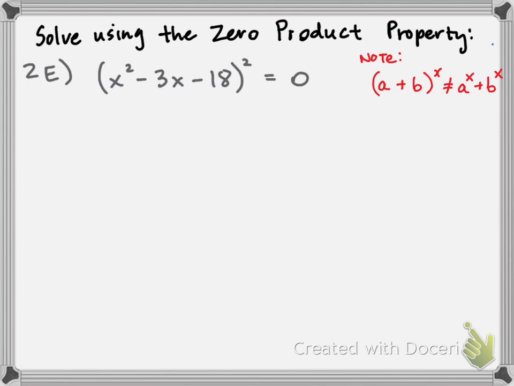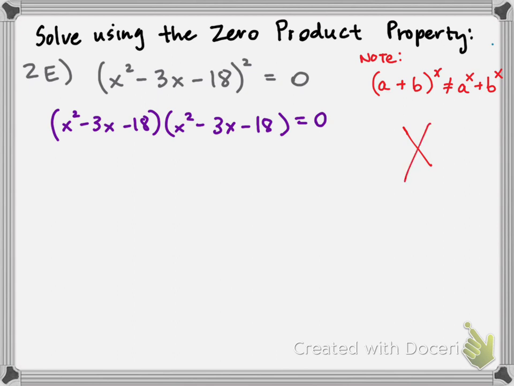Rather, that means that we would take both sets of values, right? And we would say, well, this is really like saying (x² - 3x - 18)(x² - 3x - 18) = 0. From here, can I then factor the inside trinomial? So we have off to the side what multiplies to -18 that adds together to -3.